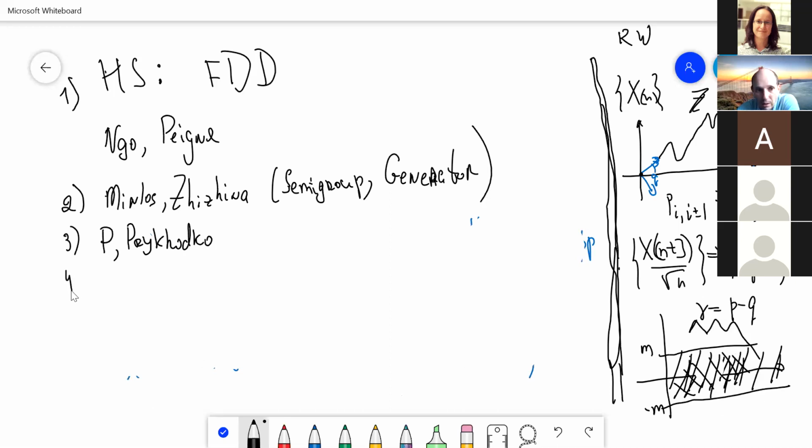Another approach is martingale characterization, or the martingale problem.